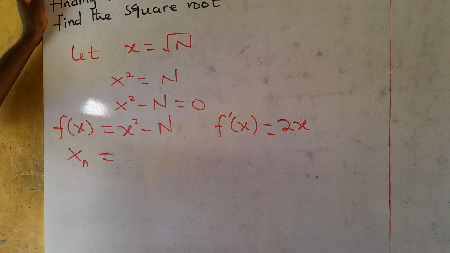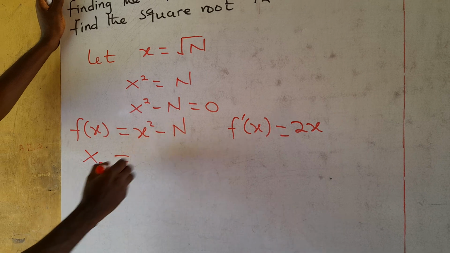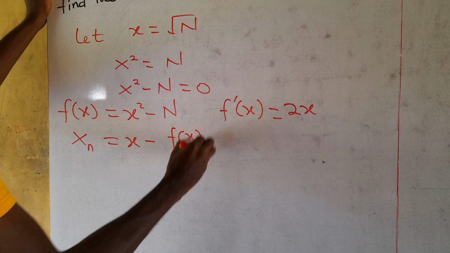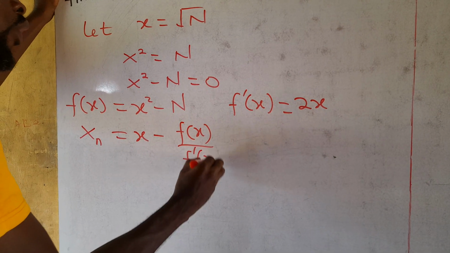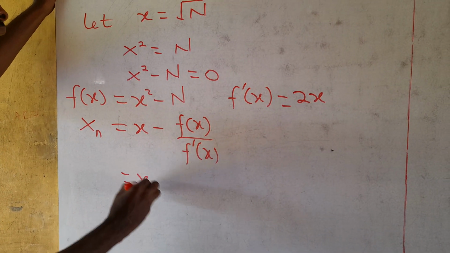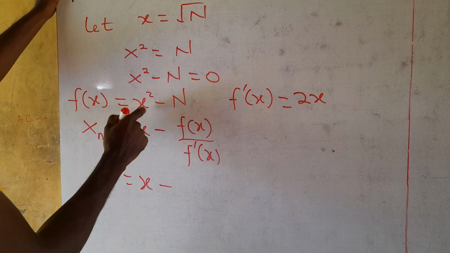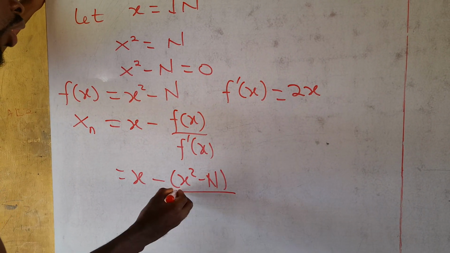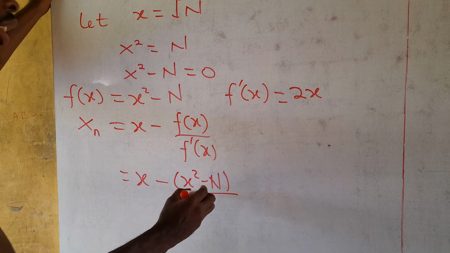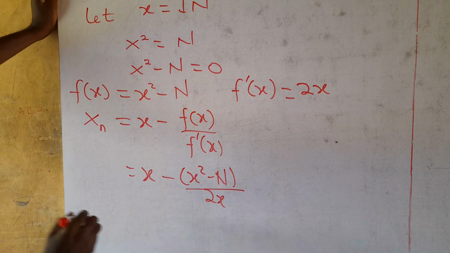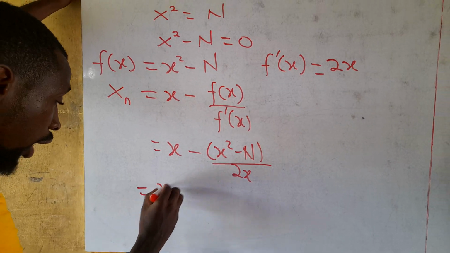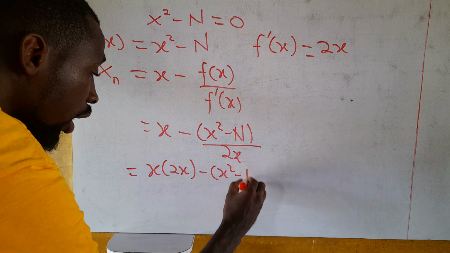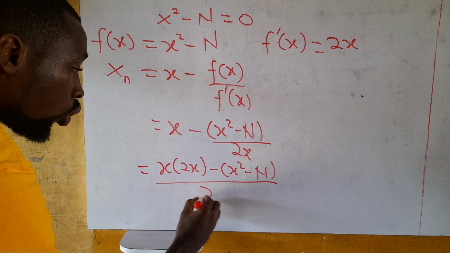Newton-Raphson is saying that a root exists. That root is equal to x_{n+1} is equal to x_n minus f of x over f prime of x. So we have x minus, what's our f of x? f of x is x squared minus n, over f prime of x is 2x. I'll simplify this further. This will be x times 2x minus x squared minus n, all over 2x.